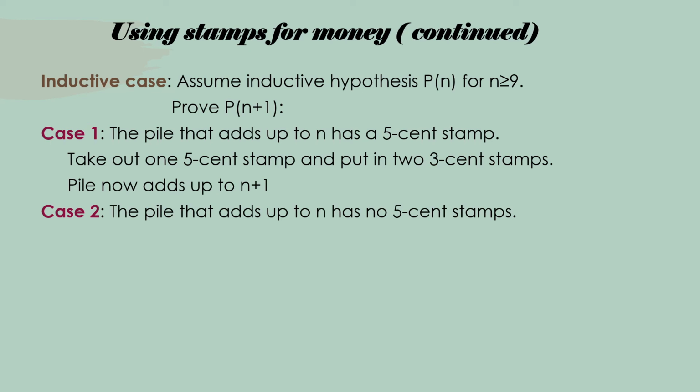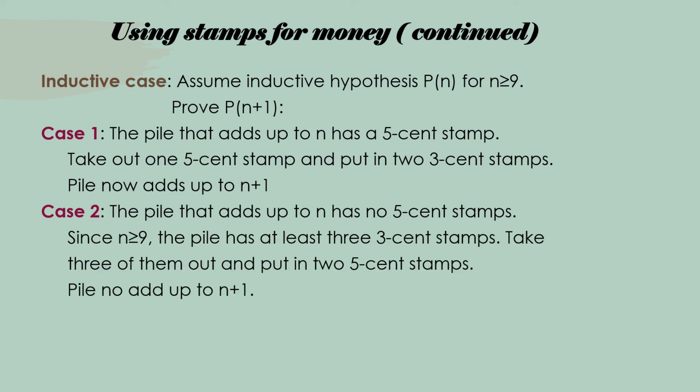If it doesn't have a 5-cent stamp, then take out three 3-cent stamps, which is 9 cents, and add two 5-cent stamps. Instead of 9, you are adding two 5-cent stamps, which is 10. So the total will be n plus 1.